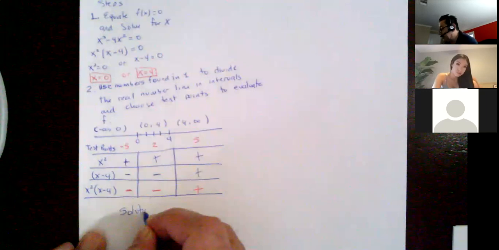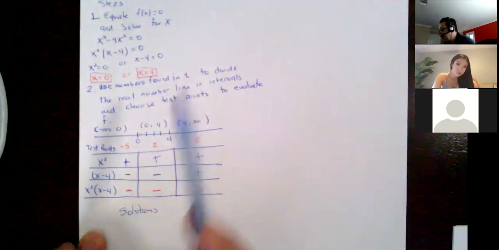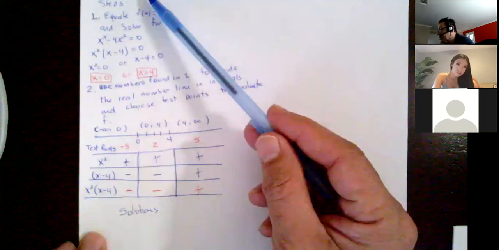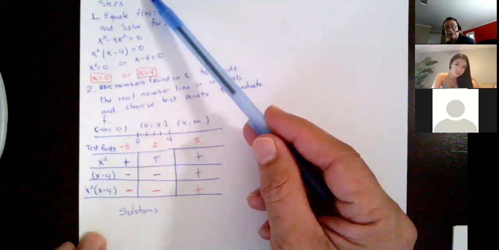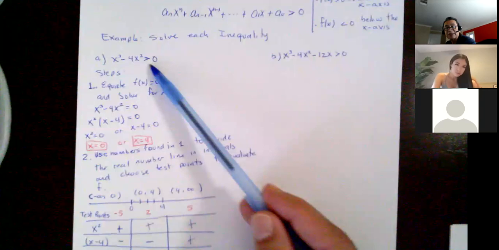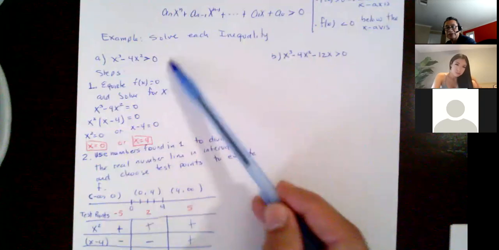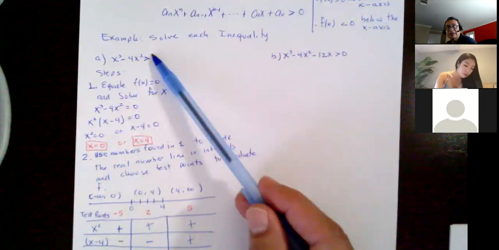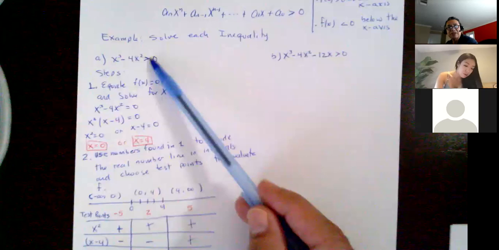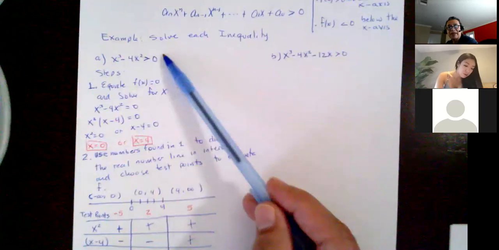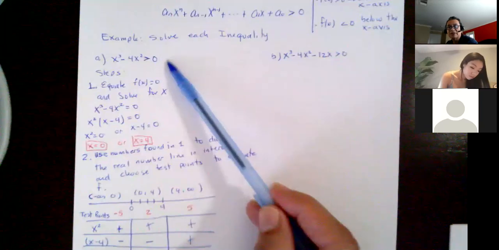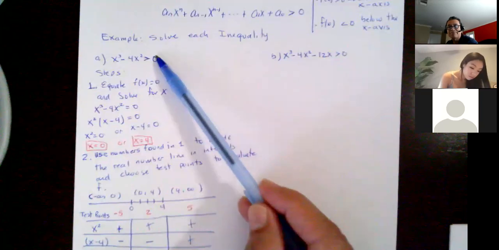x squared is positive, x minus 4 is positive. Correct. And because the original inequality is greater than 0, that tells us what is the sign to look for. Since this is greater than 0, the solution is gonna be above the x-axis, and we're looking for solutions that are positive.